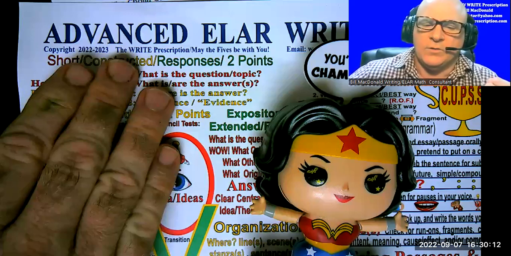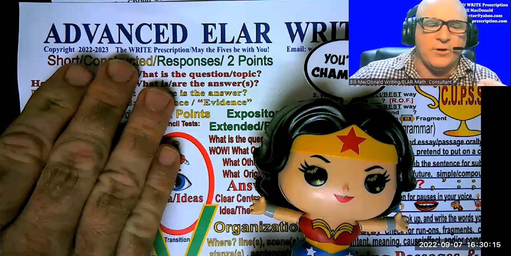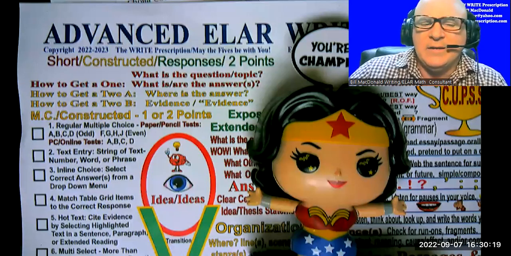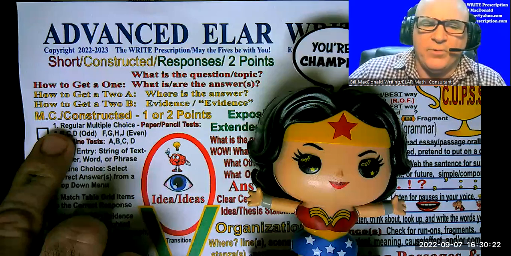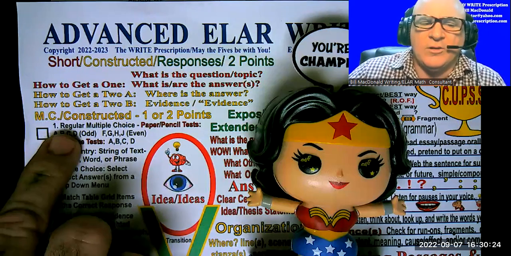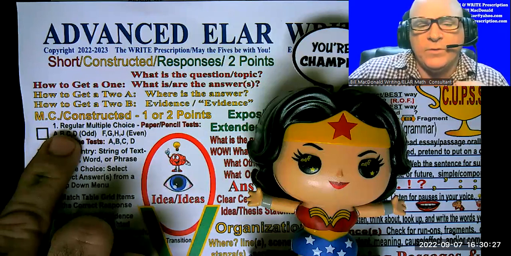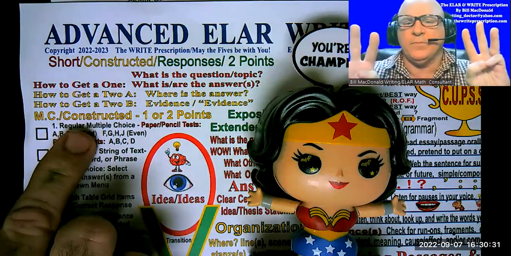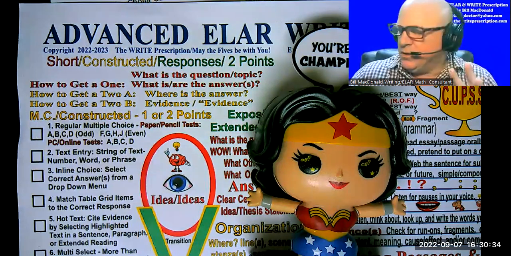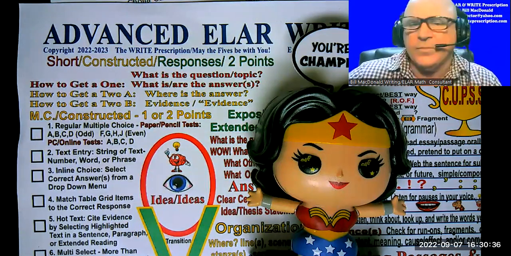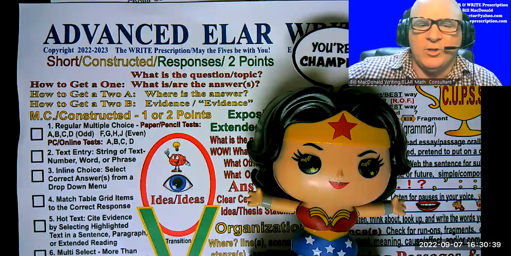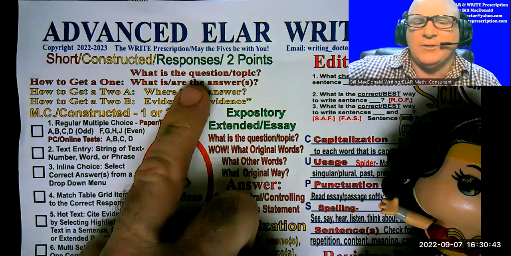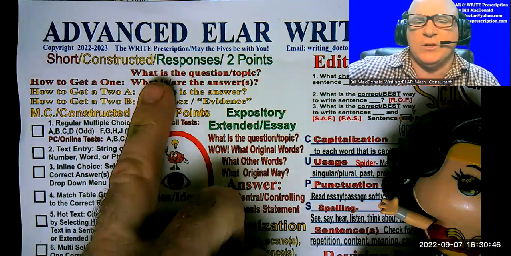Okay, so if you look at the first box right here, I just want you to know that up to 75% of the questions are still going to be what I call WW questions, Wonder Woman. If they're regular multiple choice, the first W is, what is the question?